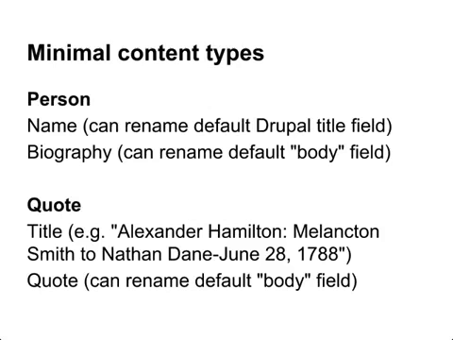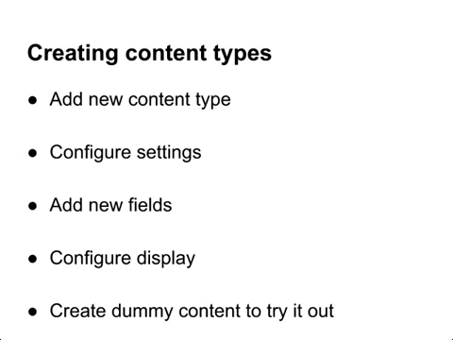So while this is appealing in the ease of data entry, we're going to need to make it more sophisticated if we want to do anything interesting with it. So let's start creating some content types, and we can work out the details of the fields from there.